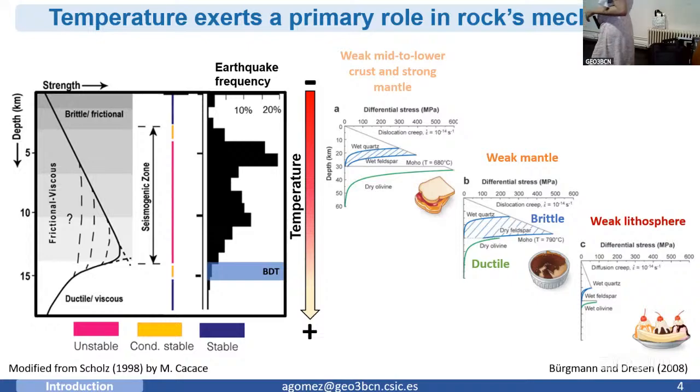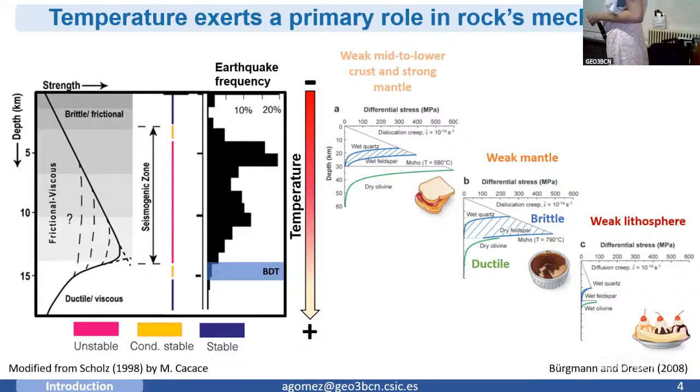So this rheological behavior is responsible for this spatial distribution of earthquakes, in this case, the earthquake frequency. You can see that most earthquakes are nucleating here in the seismogenic zone, and fewer events tend to nucleate in the brittle ductile transition and below.